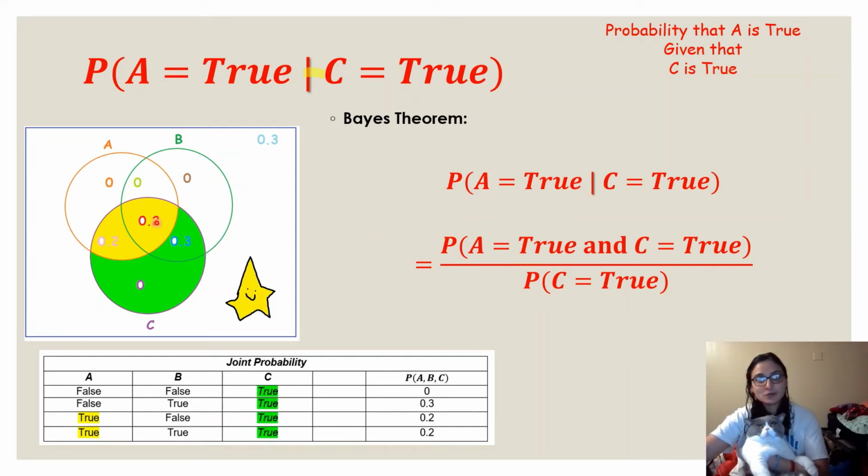So when C is true, out of all those outcomes, what part of it is A true? That's what the numerator is trying to say. What's the probability that A and C can both be true? And then what's the total probability that C is true? That's what the denominator is.